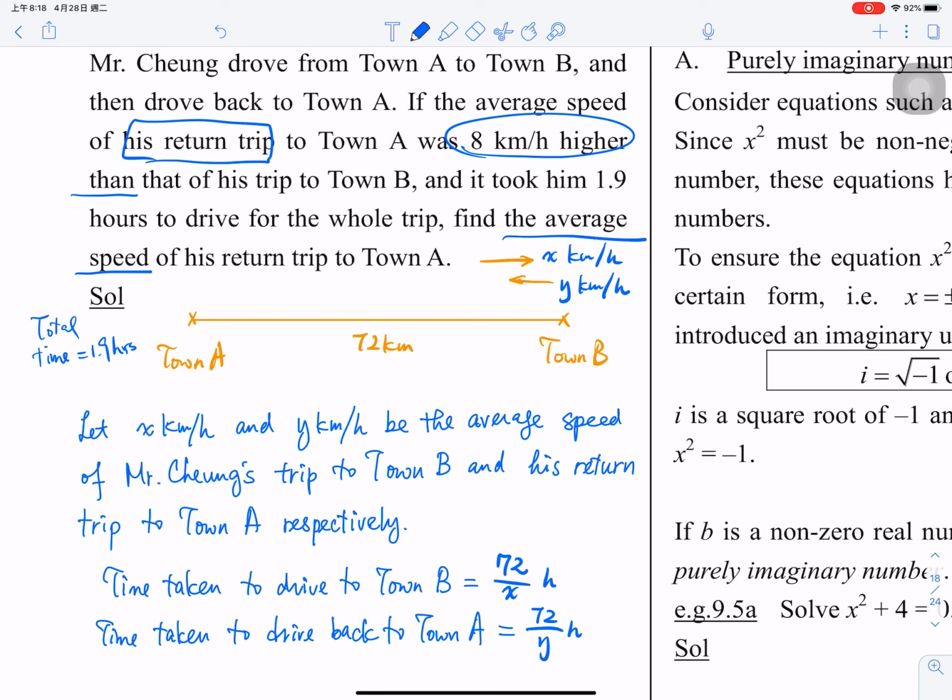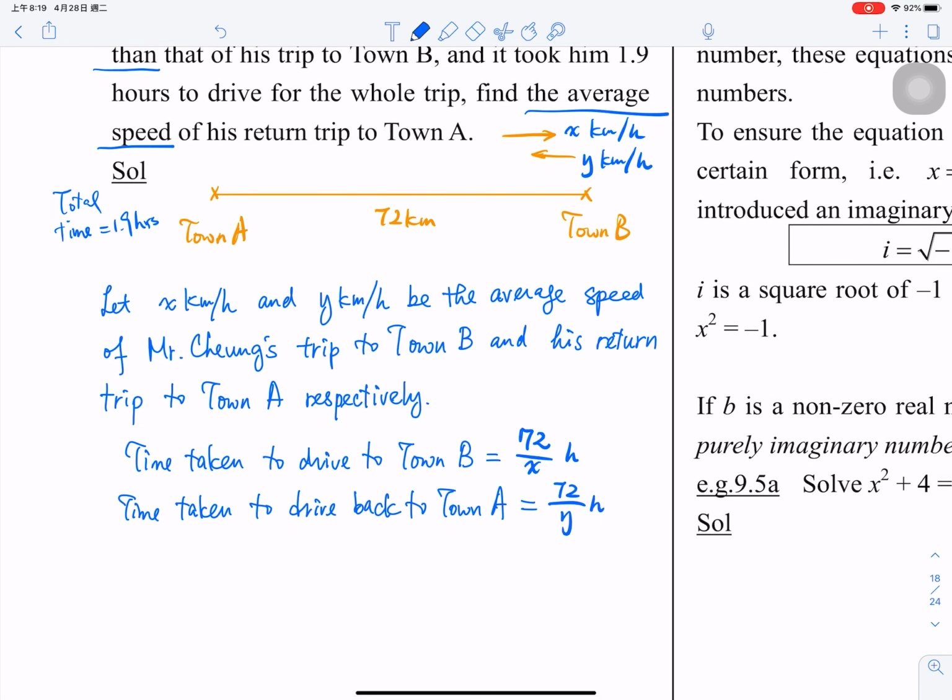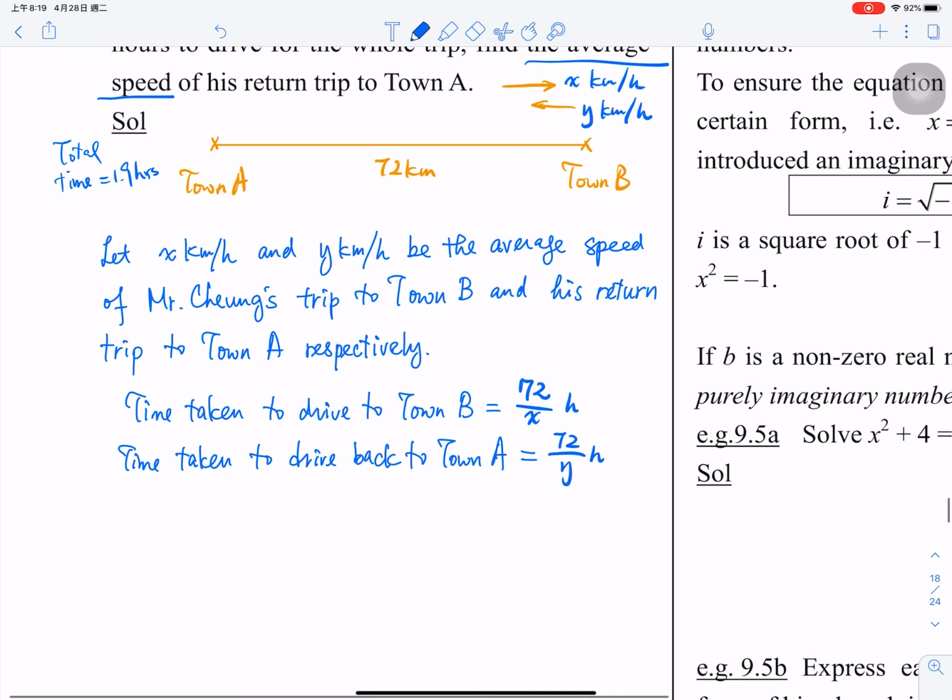However, you know that the difference between these two trips is 8 kilometers per hour. The return one has the higher speed. So you need to write it down. First, x equals y minus 8, right?